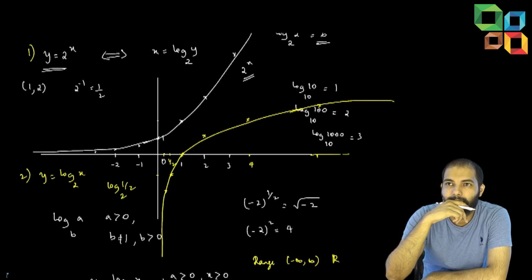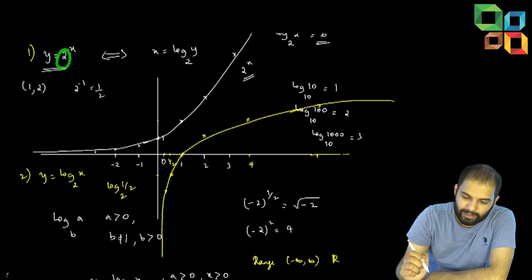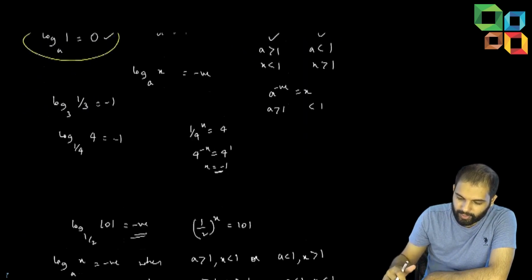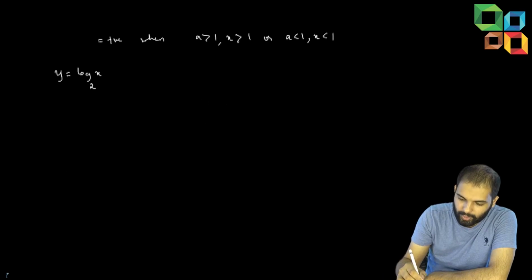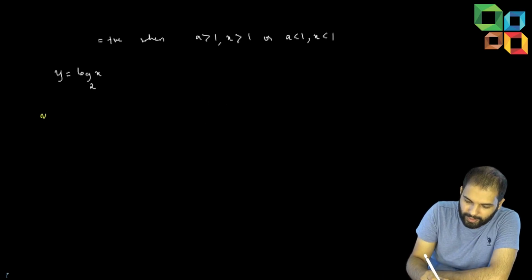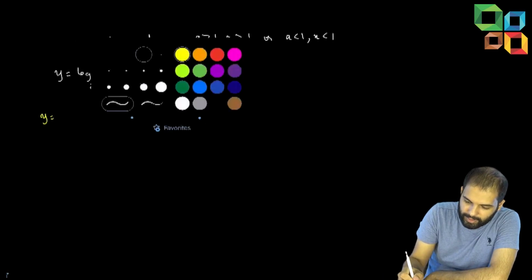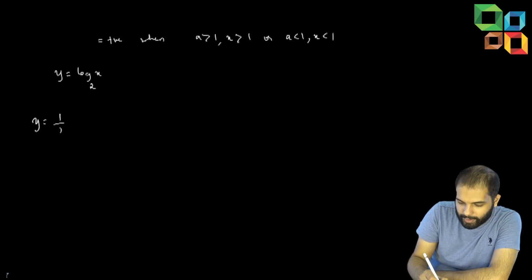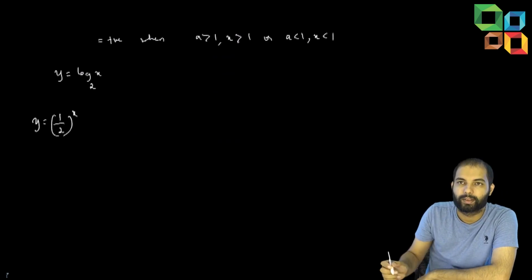Correct. For anything greater than 1, it's somewhat similar, but there's one change, so that's why I want to take it separately. Suppose your y is half power x and not 2 power x.